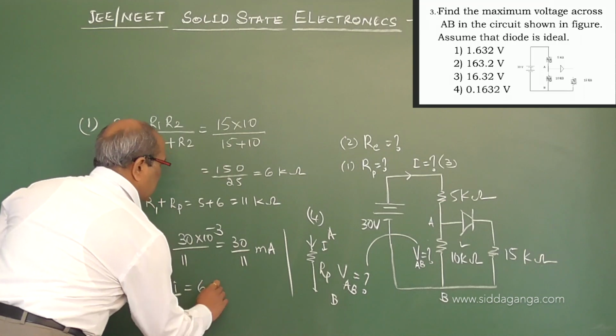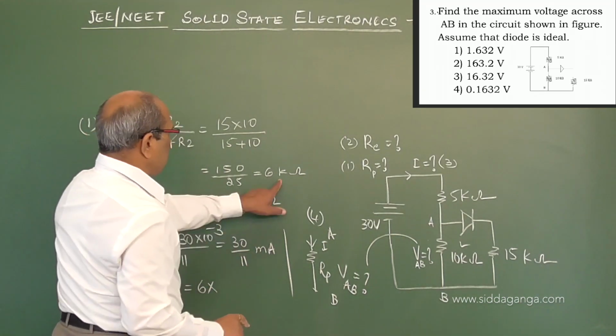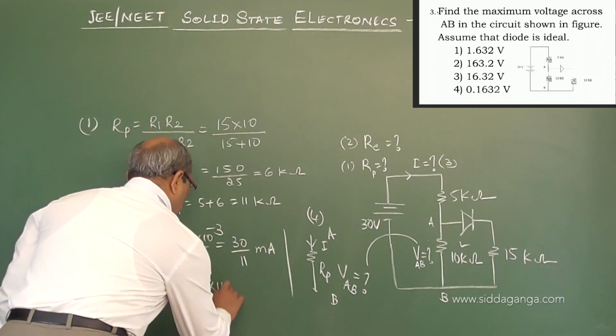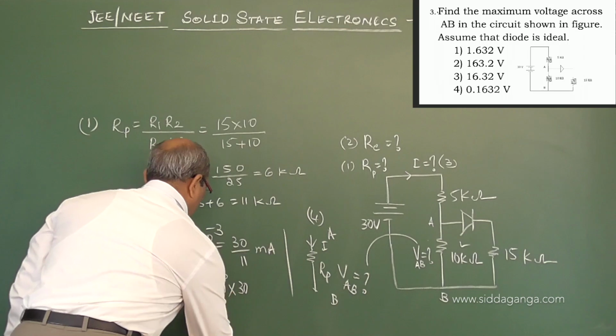R parallel is 6 kilo ohm, that is 10 power 3 into 30 by 11.